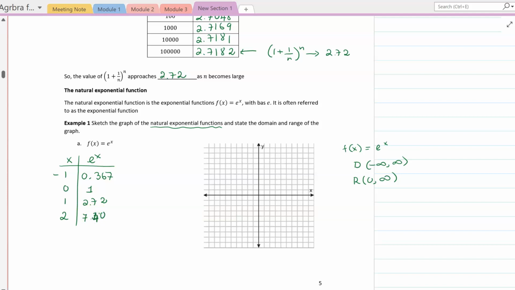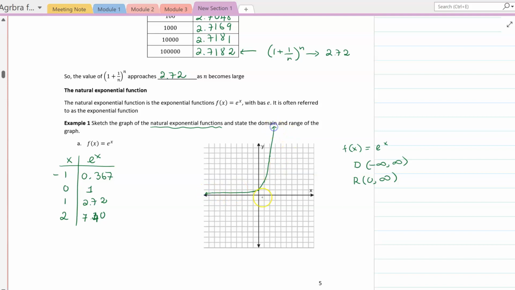So rounding up, 0, 1; 1 is closer to 3, 2 is closer to 7.5. And so here's the exponential graph.